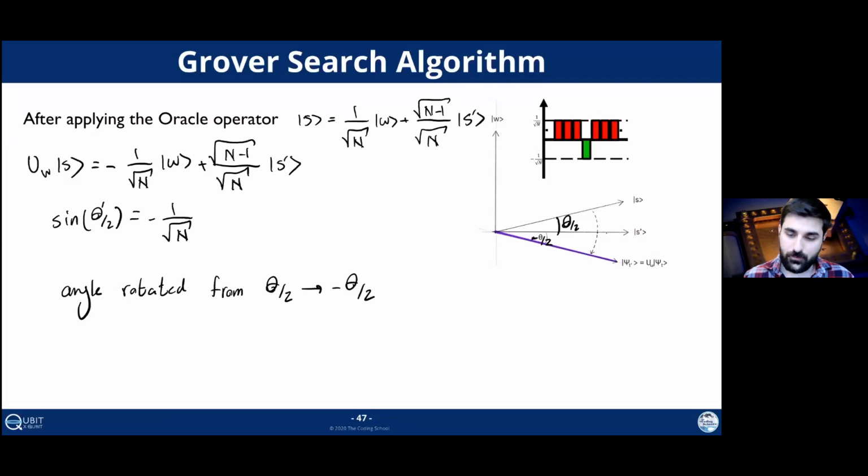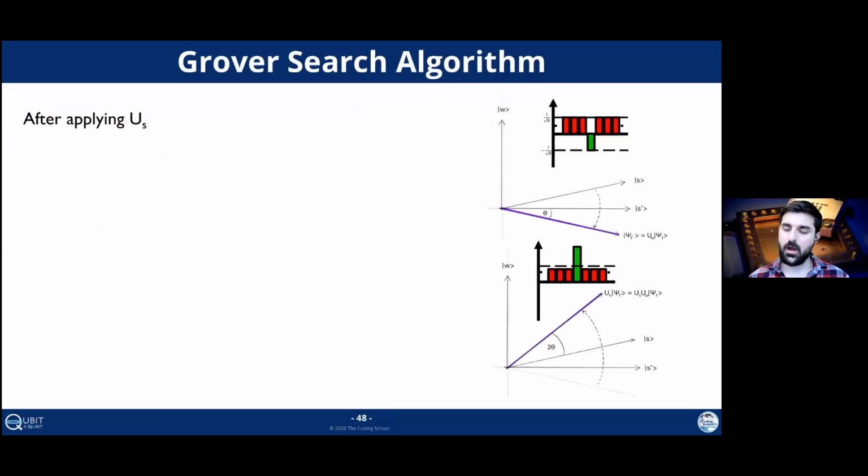Now, next step, after we apply this U of S operator, or inversion around the mean, this is where we were before, at angle negative theta over 2.